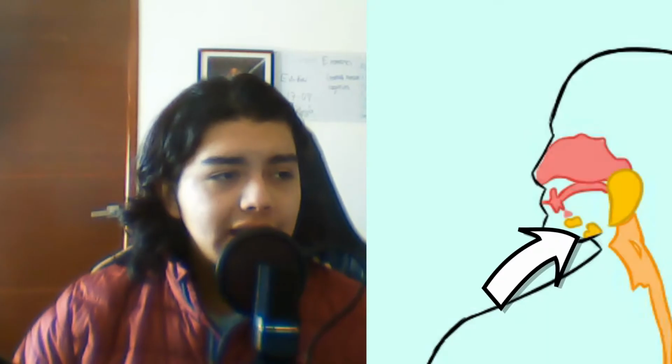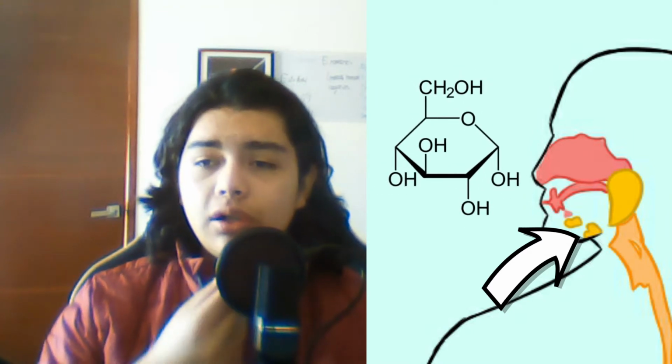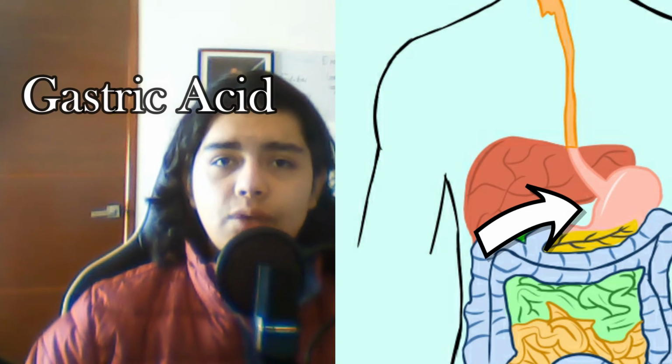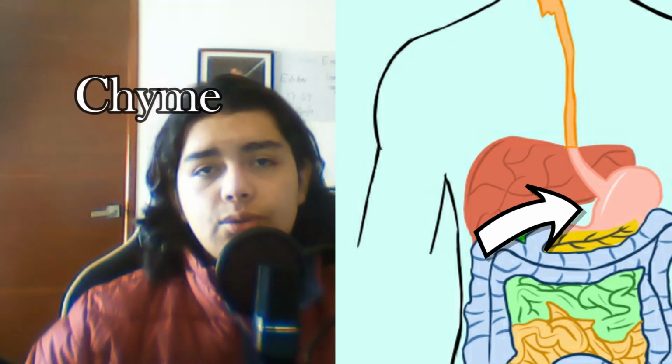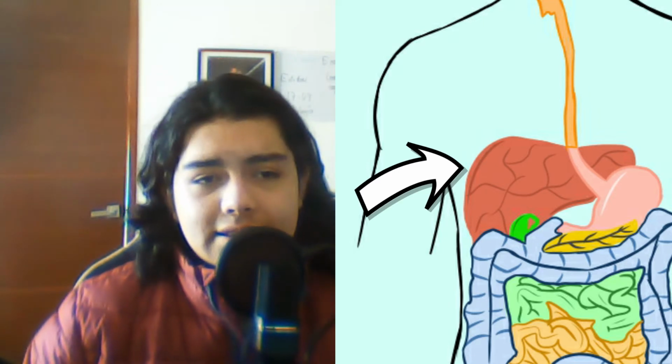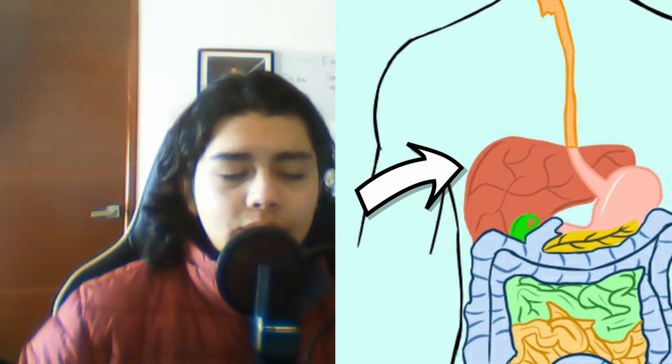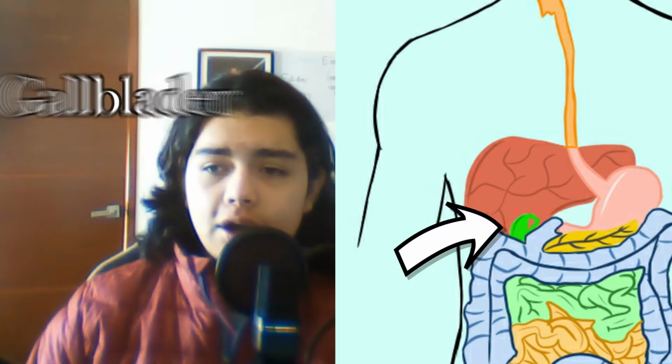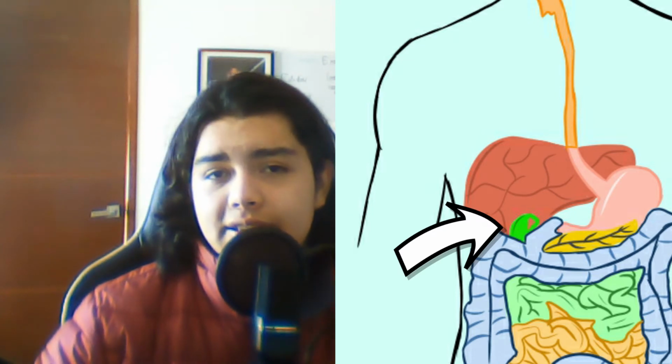But how does your body get these nutrients? Well, with the usage of salivary amylase, you will get the first glucose of your body. Right after that, the gastric acid will turn the bolus into chyme. Our liver has a powerful digestive juice called bile, and the gallbladder helps us regulate that bile.